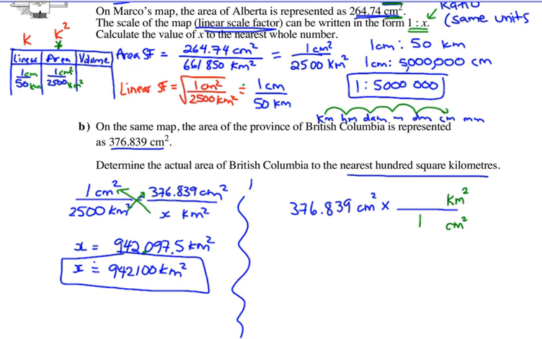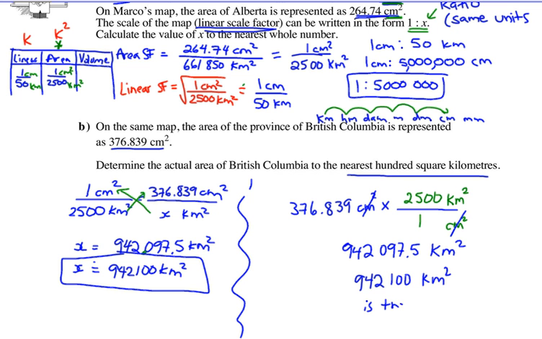Remember, 1 centimeter squared was 2,500 kilometers squared. This way, the centimeters squared cancels out, and it gives us that same value. So that's using unit analysis. So put around 942,100 kilometers squared is the area of BC. Probably have a sentence when we have a word problem.